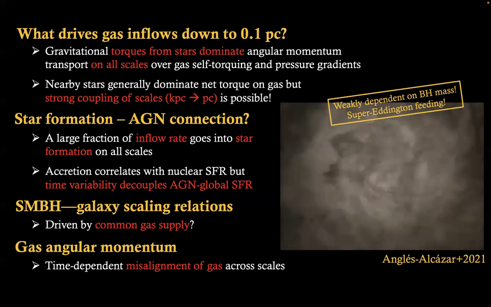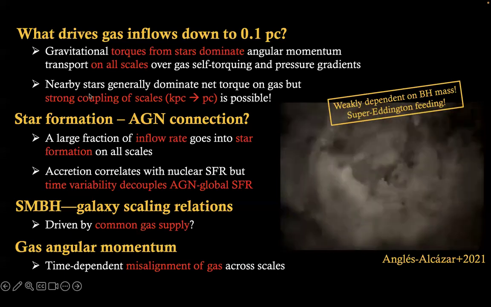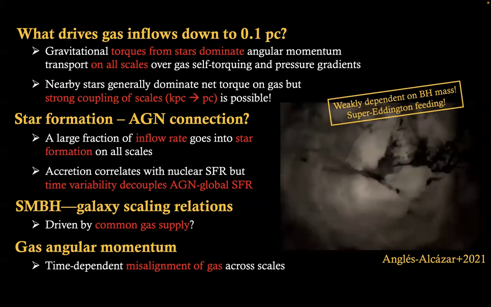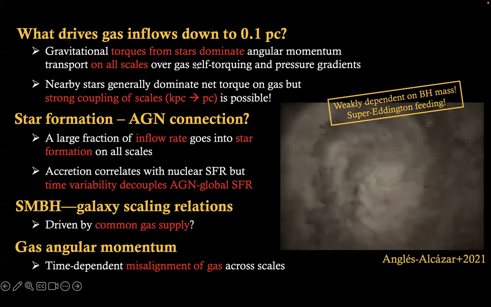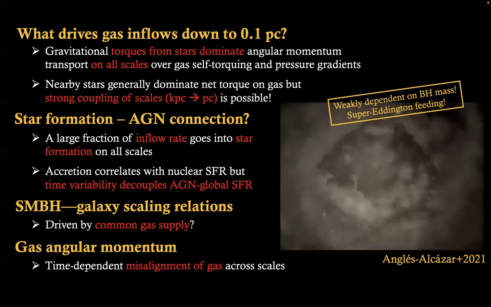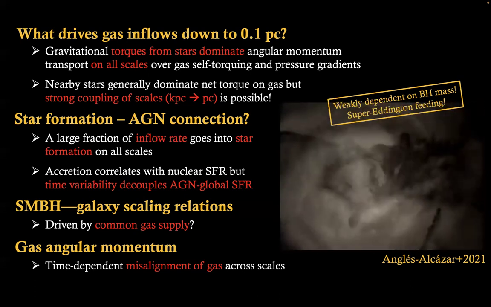We can also look into many other interesting questions. For example, we may ask, what is driving the gas flows down to 0.1 parsecs? What we found is that the gravitational torques from stars dominate angular momentum transport on basically all scales down to 0.1 parsec or so.